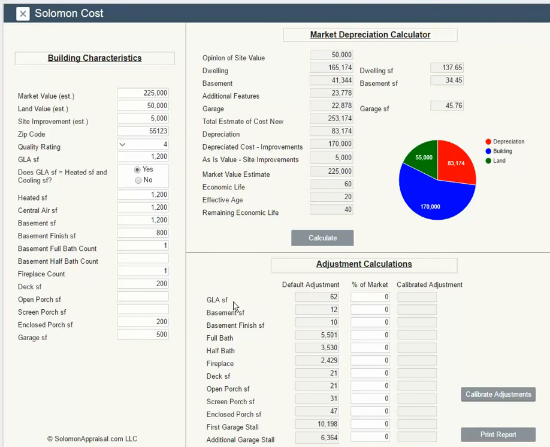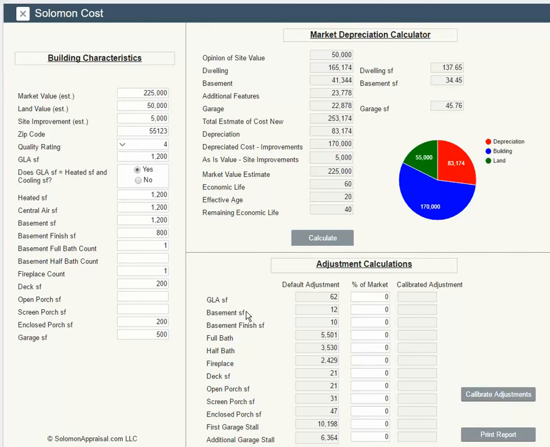In the case of GLA, depreciation may occur more rapidly because current decor may only have a 10-year shelf life. As houses age, sheer size becomes less important, and being updated to current taste brings top dollar. We account for this by starting with the math and then comparing the results with the real-world expertise of appraisers who use the calculations.